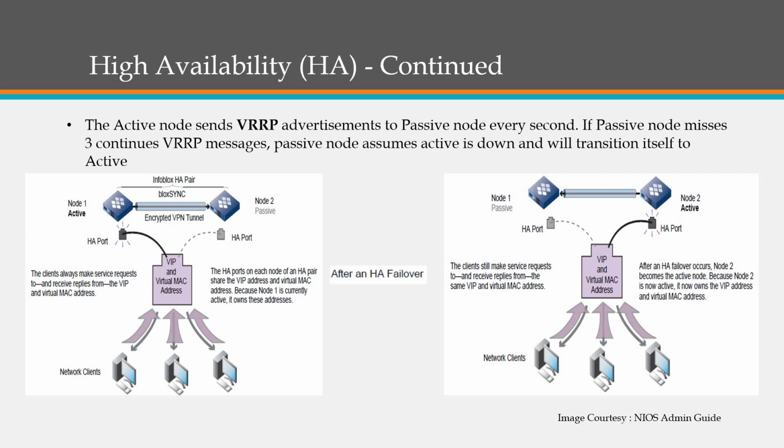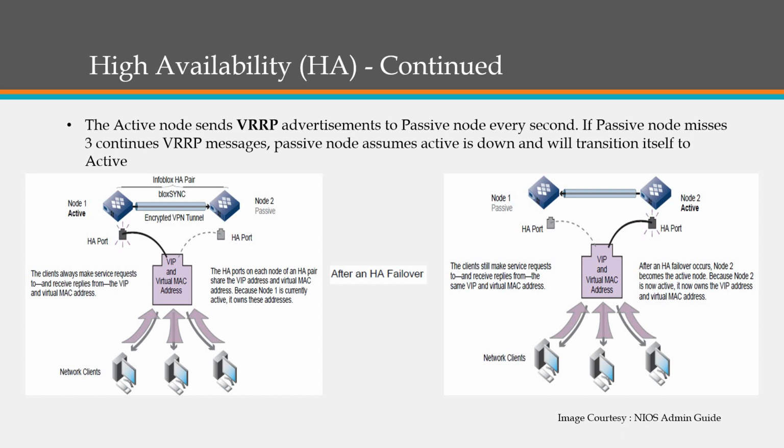Now when it transitions itself to an active state, the virtual IP address and the virtual MAC, which were earlier associated with the HA port of node 1, are now bound to the HA port of node 2, which is our current active. That's how we are able to achieve redundancy. Even if one of them fails, the passive one immediately transitions to active, and then all the network services will be served from node 2, which is our current active.